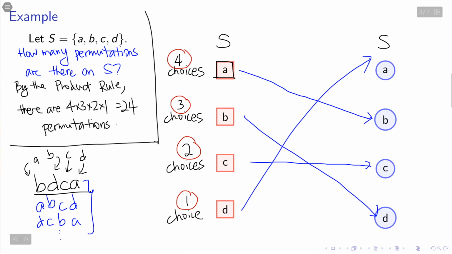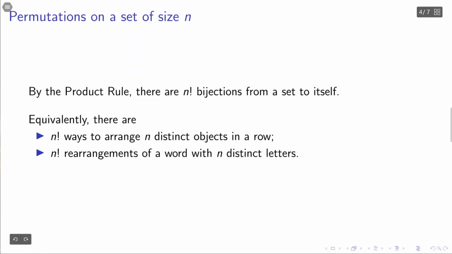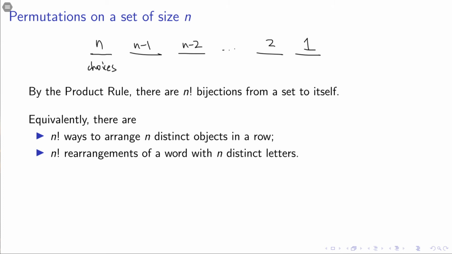You're just going to be multiplying n by n minus 1, by n minus 2, and so on until 2 and then 1, to count the number of ways to form a string of length n using the elements from 1 to n. And, well, we know this is the factorial, right?